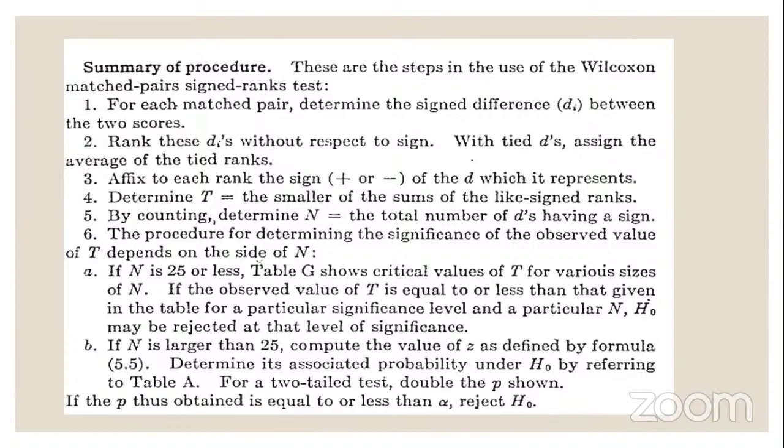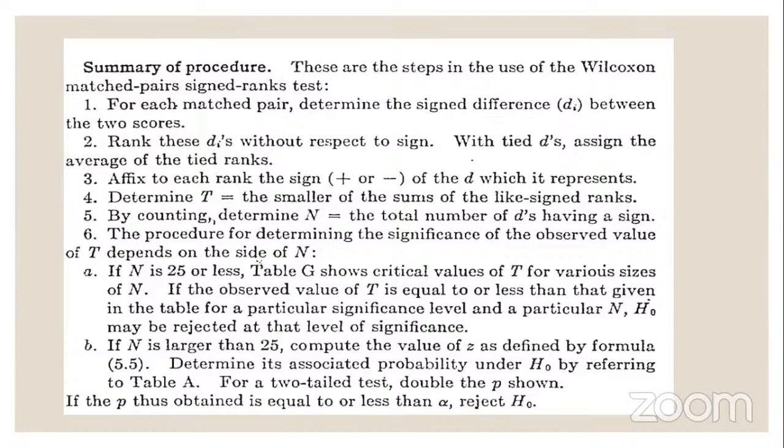Then T is determined. I have discussed it before. That is, the T value is for the small sample, and in the case of large samples, we will see the Z value. Now, in determining the significance of the observed value of T, it depends upon the size of n.